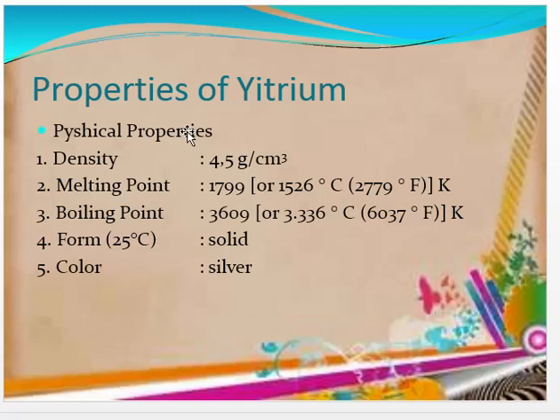About properties, physical properties: density 4.5 grams per cubic centimeter, melting point, boiling point in Celsius, in Fahrenheit, and in Kelvin. Form at 25 degrees, this is solid, color silver.